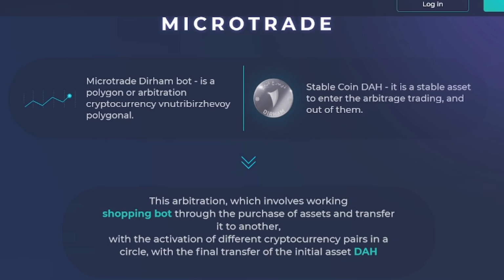So this is a special insurance asset that is present in every operation, and it is a prerequisite for work. The most important thing in the process is the speed of the software and connection. Usually the difference in the price of the same assets lasts for several seconds or even fractions of a second.